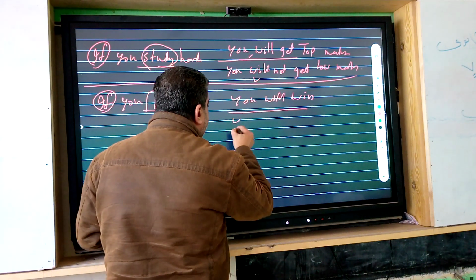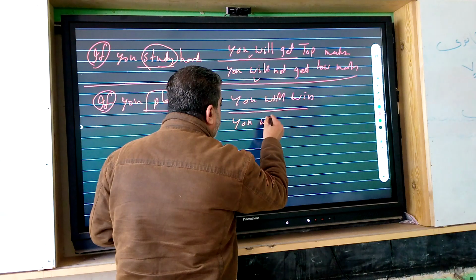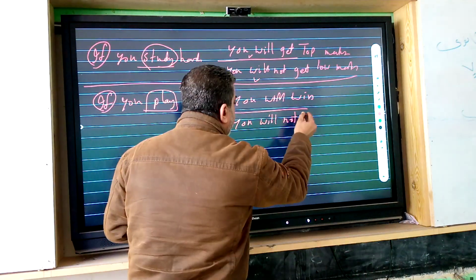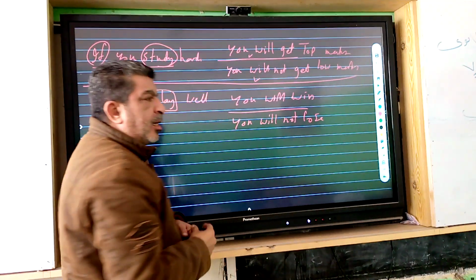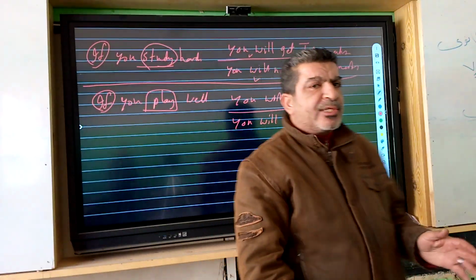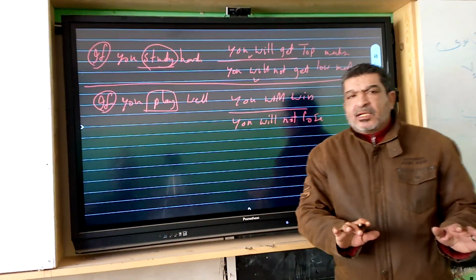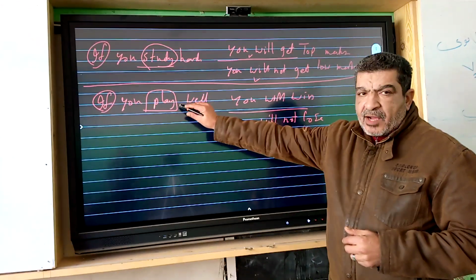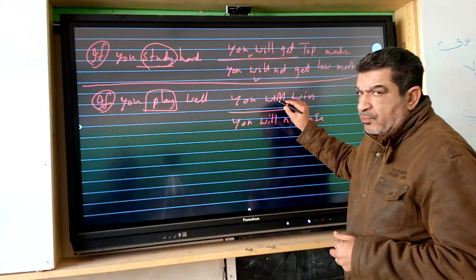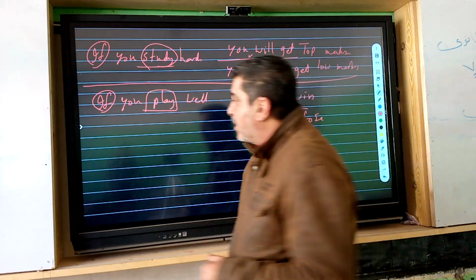And also we can say, you will not lose. So conditional if doesn't always count on only affirmative sentences. No, we can use an affirmative sentence with a negative clause. We can use this negatively.